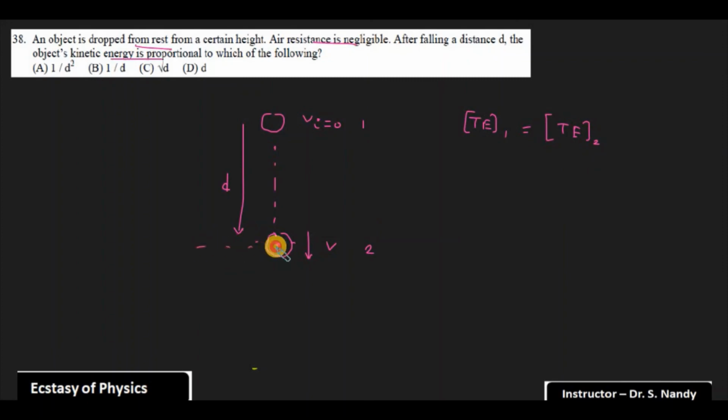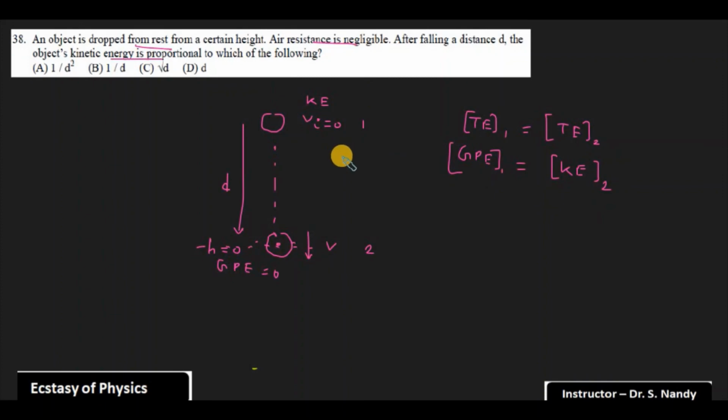If we consider the reference position to be this one, from here we can say h equals 0. The total energy at position 1: since its velocity is 0, the kinetic energy would also be 0, and it only has the gravitational potential energy at position 1, which is equal to the energy at position 2. Since h equals 0 at position 2, the gravitational potential energy at position 2 would be 0. It only has the kinetic energy at position 2.